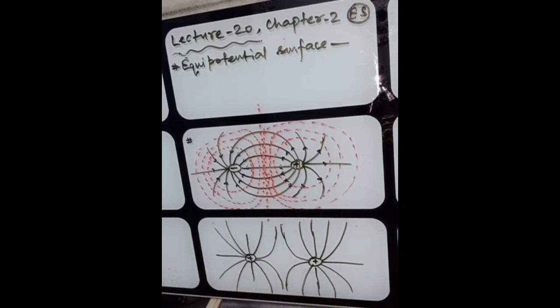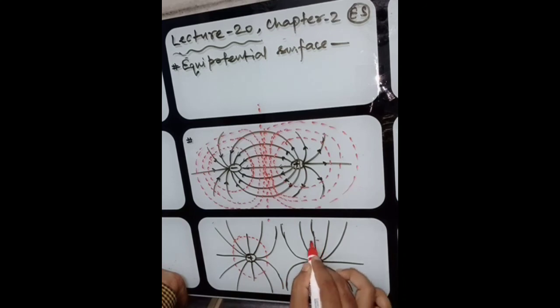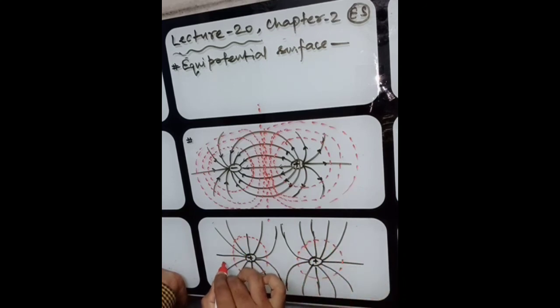Now try to draw the equipotential surface. Look here, I am moving the equipotential surface this side, it is moving round, no doubt, round. Very good. This is one equipotential surface, and over here again round.